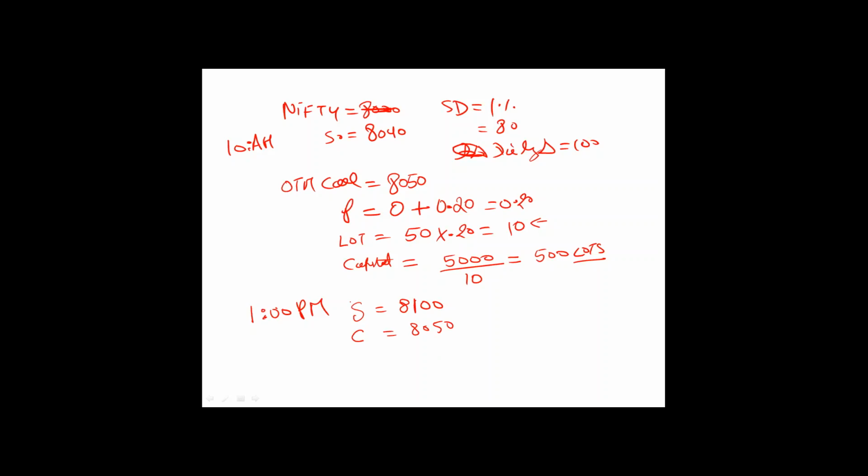Previously it was out of the money, now it becomes in the money. For the premium, there will still be no time value. It was 20 paisa earlier. Let's consider it as nothing. It is gone by 1 p.m. But you have intrinsic value. Why? Because the call strike price is 8050 and the spot increases to 8100. So the premium will be around 50.